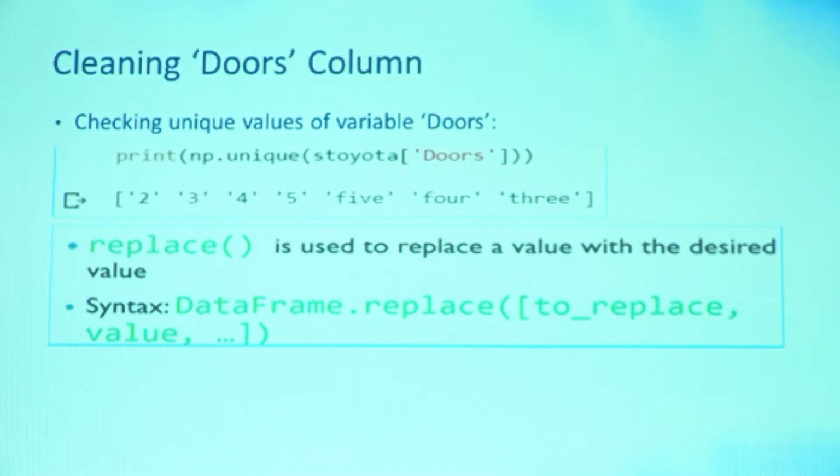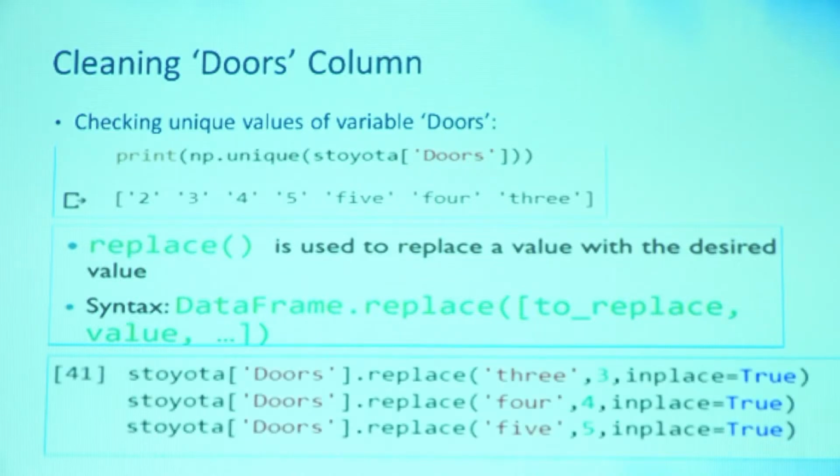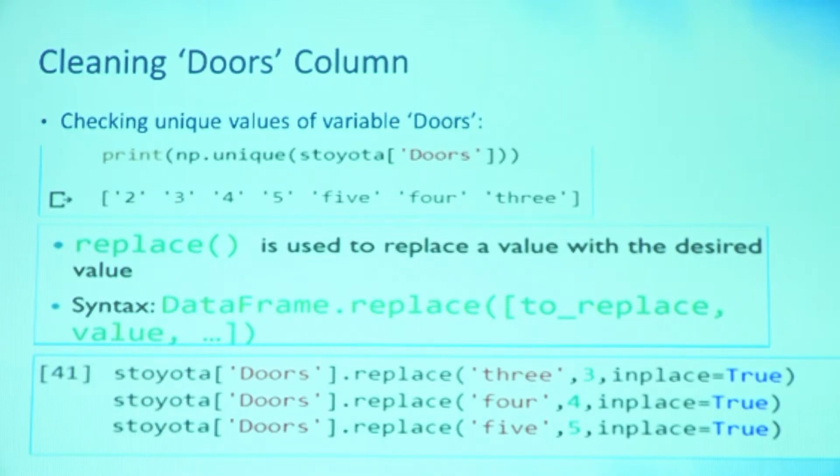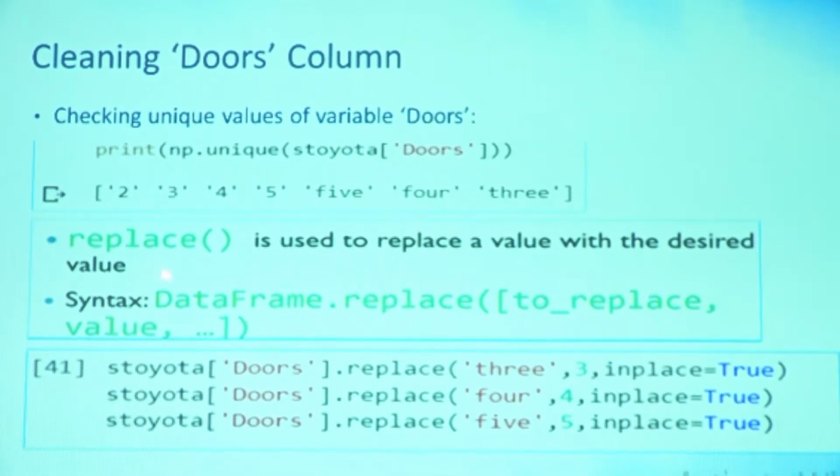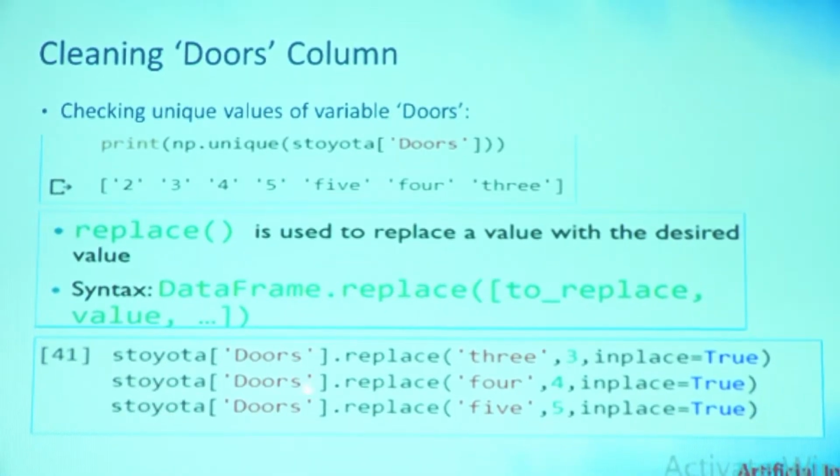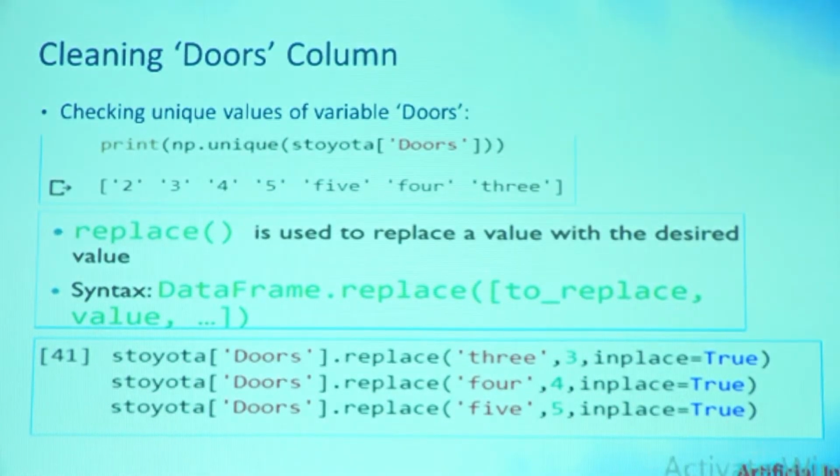So those who are getting some problem, I am putting it on your screen. Have a look. What I did there is, my data frame column name doors, I am replacing the string 3 with the number 3, and you make sure that it is inplace. What happens if I don't give inplace equal to true there?